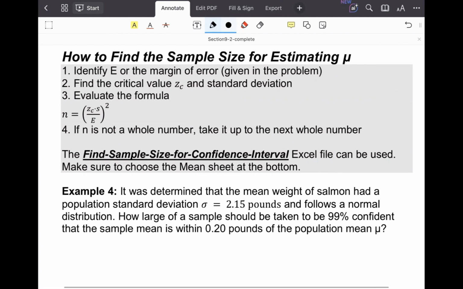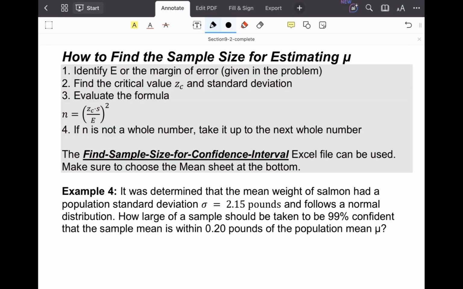Okay, now one last thing with this section, and it's similar to the last thing we did in section 9.1. We want to find a sample size that we would need for a certain confidence interval, and it has this formula here, which you don't necessarily need to memorize because you can just use the Excel file for this.